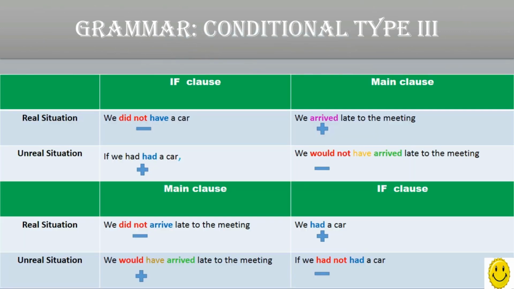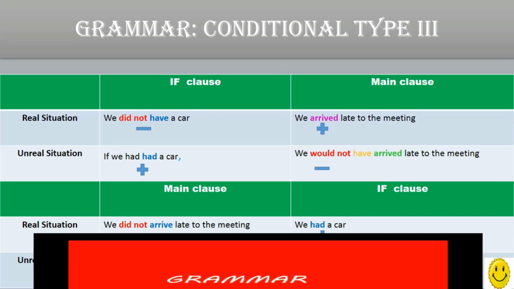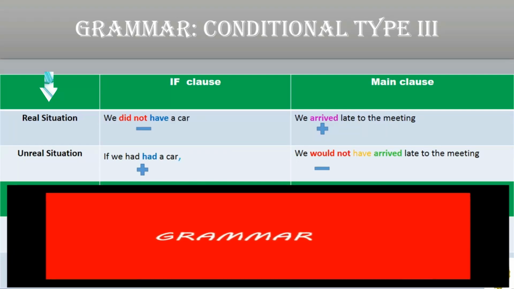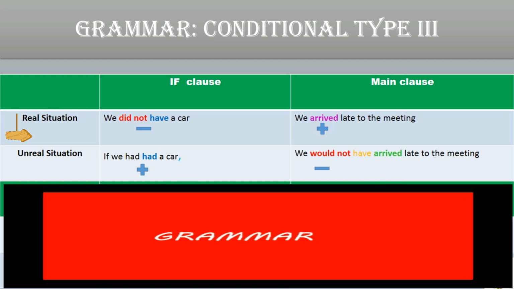Now let's check this table together for a better understanding of conditional type 3. We're going to divide it into two parts. We check the first part, which contains a real situation and an unreal situation, and an if clause and a main clause as well. Let's start with the real situation, which is the sentence that you always find in the exercises and which is usually given in a test for students of second baccalaureate.